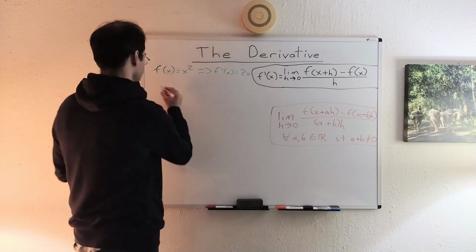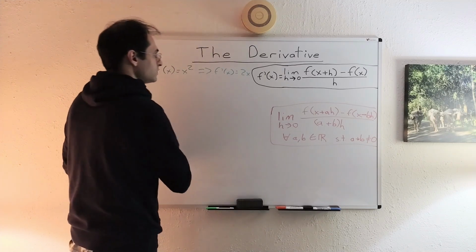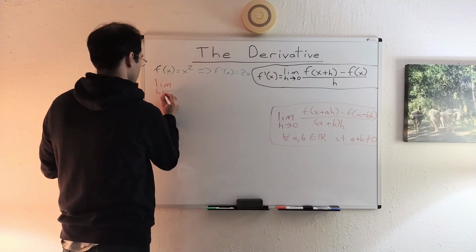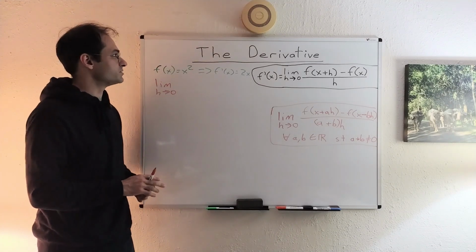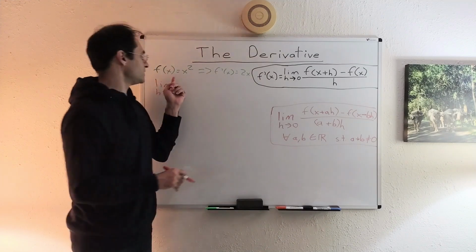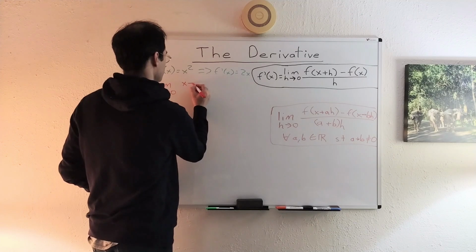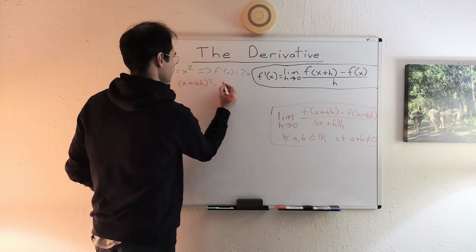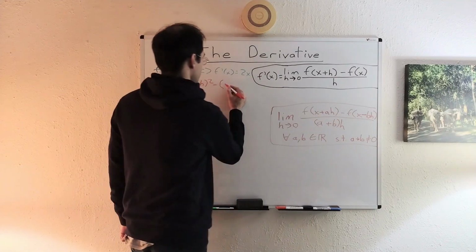So, still the limit as h goes to 0 of f of x plus ah, we just plug in x plus ah for x, and then plugging in x minus bh.